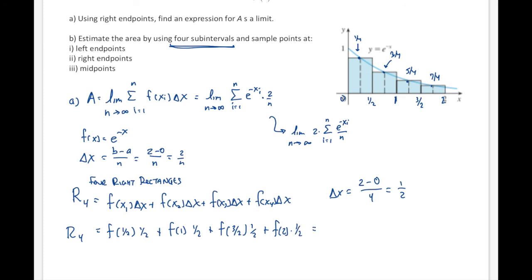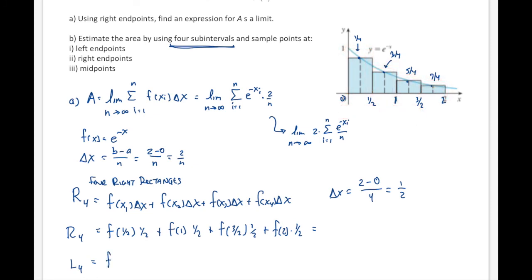We can substitute that into the calculator and find some values for that. If we're finding the L sub 4, so I'm going to say 4 left rectangles, looking at our intervals, our first rectangle starts at 0, our second at 1/2, our third at 1, and our fourth at 3/2.